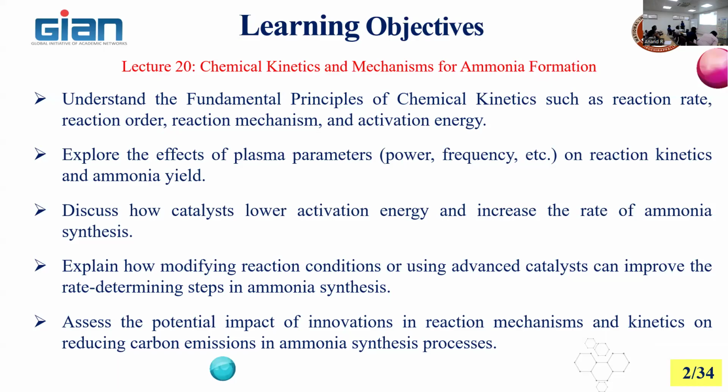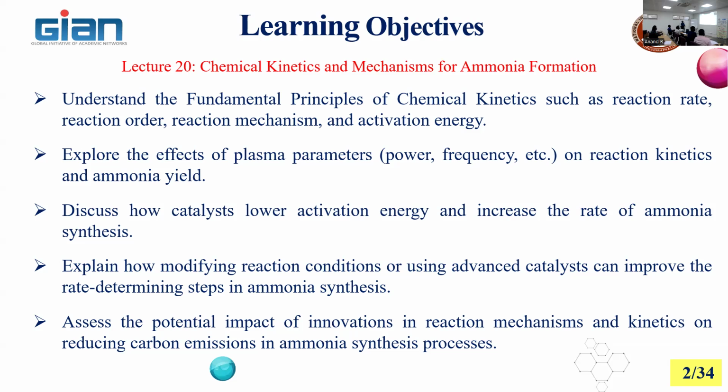Learning objectives: understand the fundamental principles of chemical kinetics, such as reaction rate, reaction order, reaction mechanism, and activation energy. Explore the effects of the plasma parameters, power, frequency, etc. on reaction kinetics and ammonia yield.